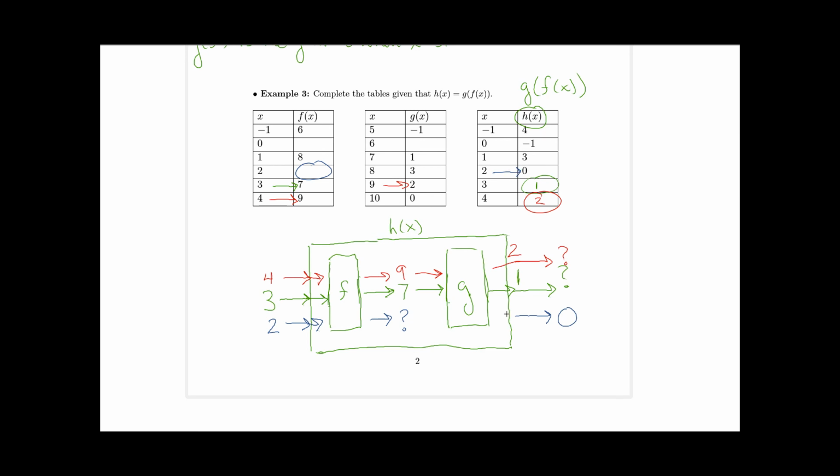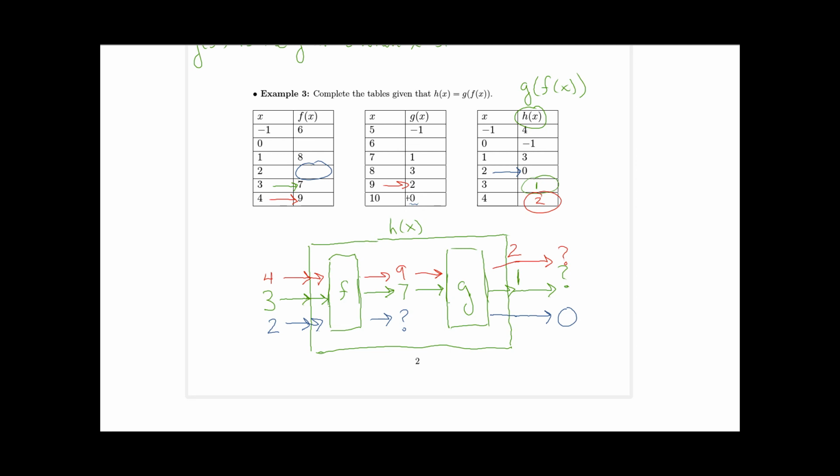If it spits out a 0, then that 0 must have also come from the function g. Does g have 0 as an output anywhere? Well, yes, right here. So we know that 0 is an output of g, so let's ask ourselves, what input must that 0 have come from?